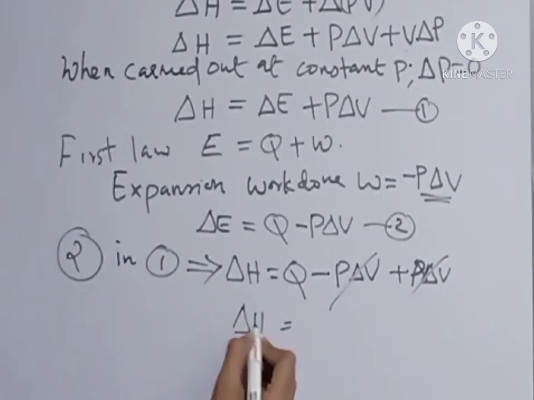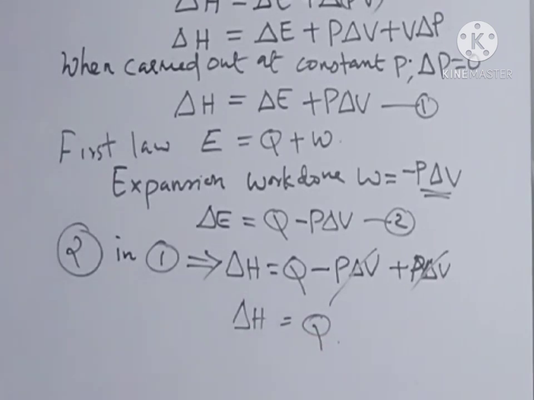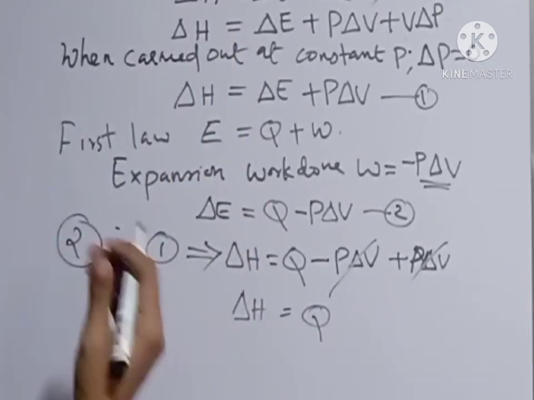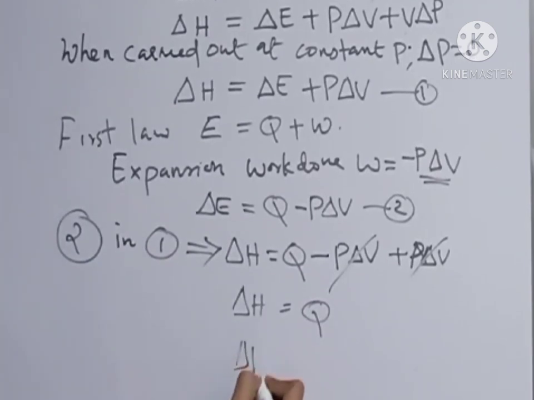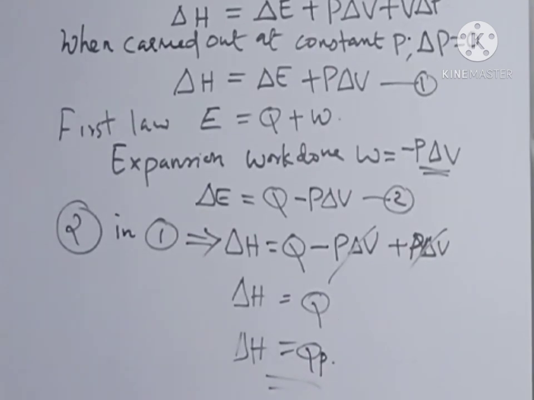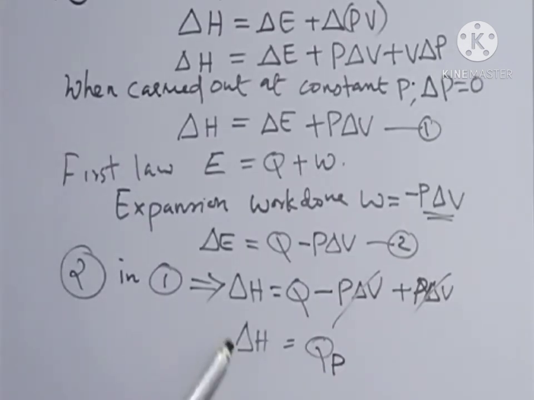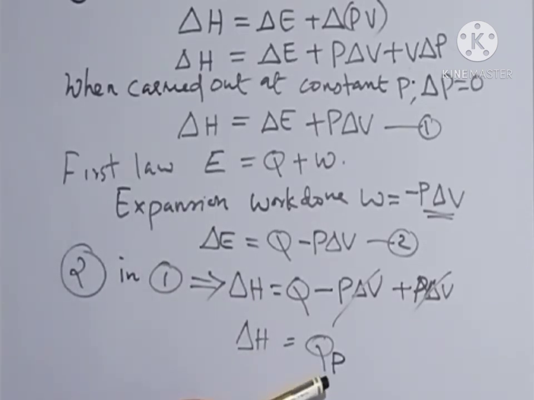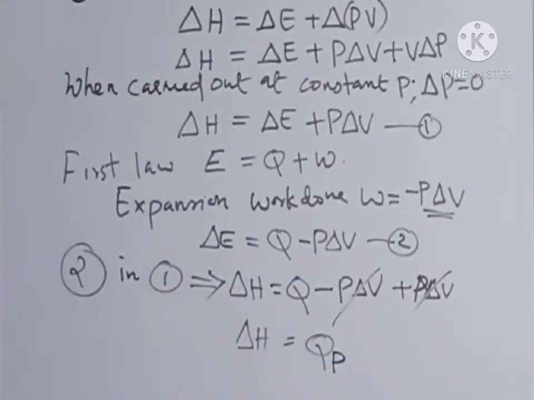That is delta H equal to Q. Since the entire process is done at constant pressure, delta H equal to QP. That is, enthalpy change of a reaction is the heat evolved or absorbed at a constant pressure.